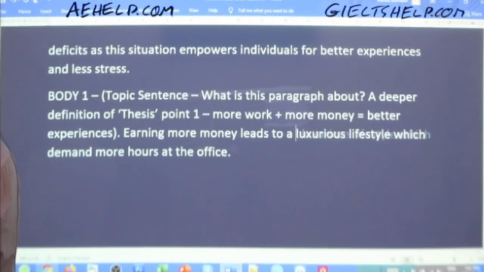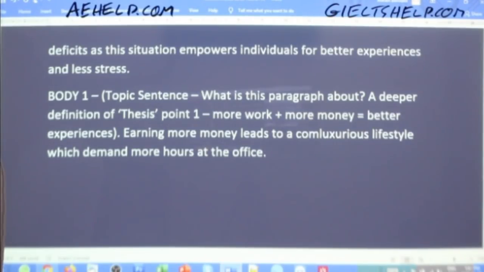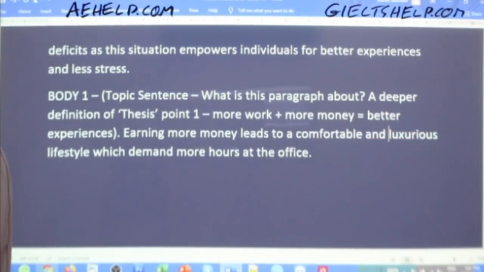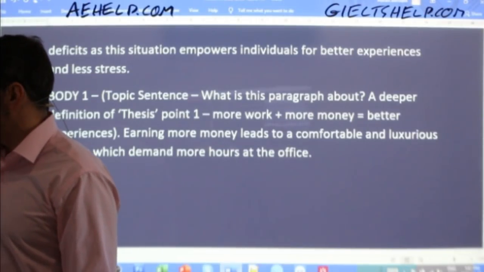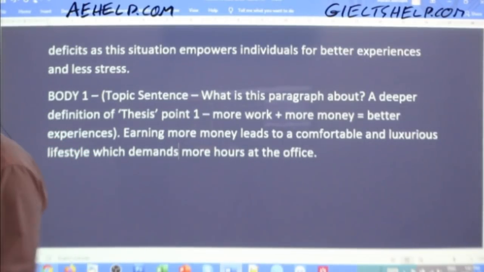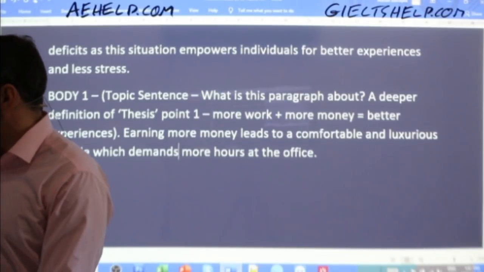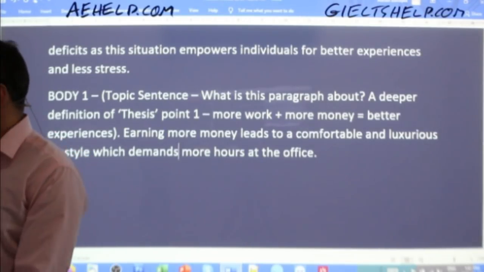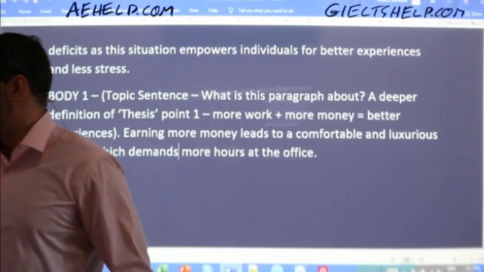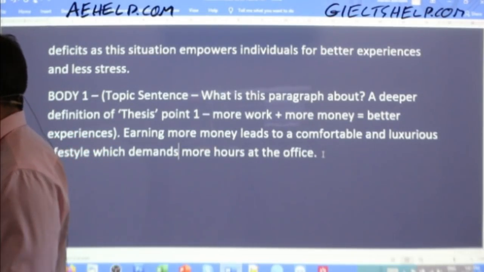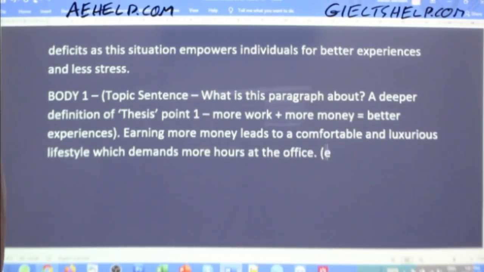They're somewhat synonymous, but it's okay to put both. In this case, I'll have to add an S, which demands more hours at the office. Okay. All right. Yextan, Rajveer, you can start working on your explanation.